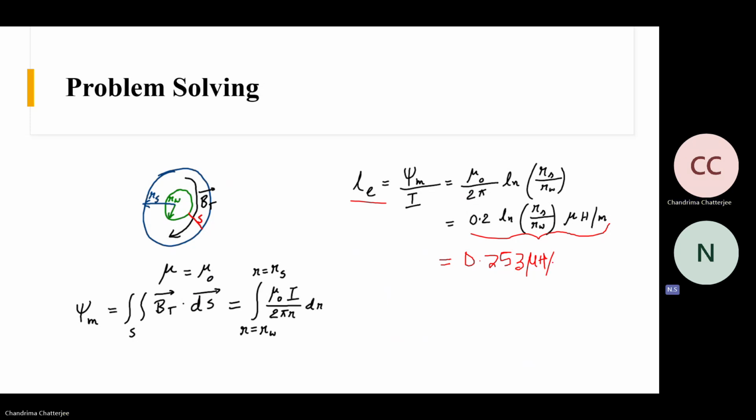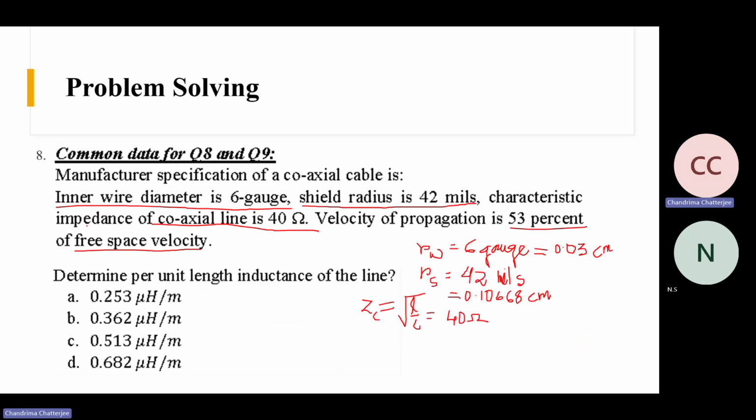This is the per unit length inductance. Option A. But you see here, we didn't use the characteristic impedance information and the velocity of propagation. These two pieces of information we haven't used. So are they unnecessary or do we need them?